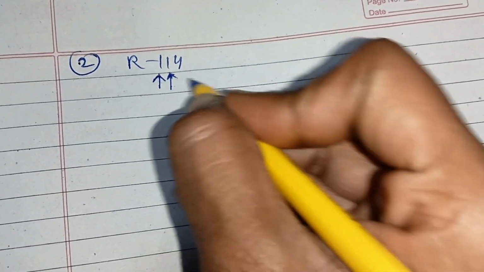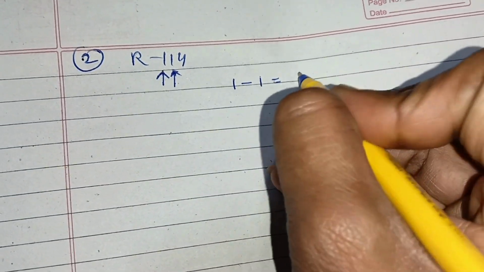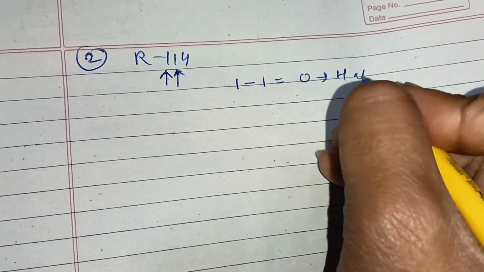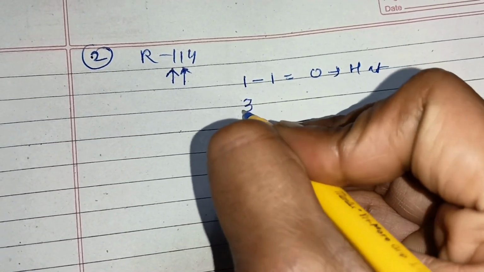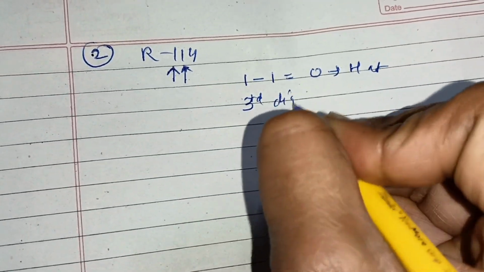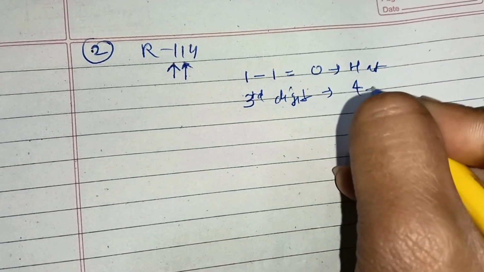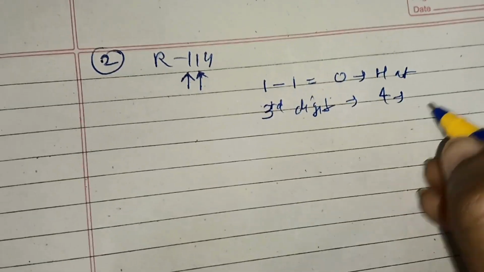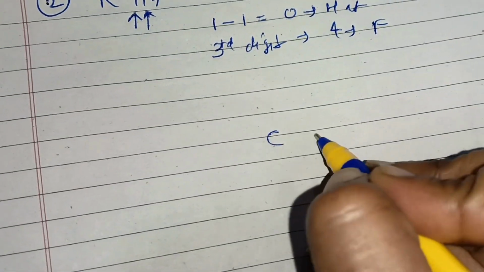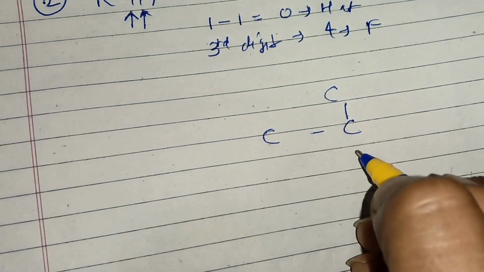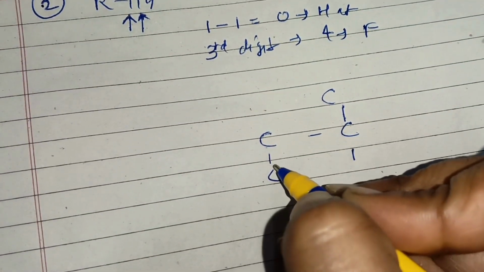The second digit minus 1 is always the number of hydrogen atoms, so 0 hydrogen. The third digit is 4, and that is entirely taken by fluorine. And as this is an ethane-based refrigerant, there would be two carbons. The carbon is tetravalent. Each of the carbons is tetravalent.